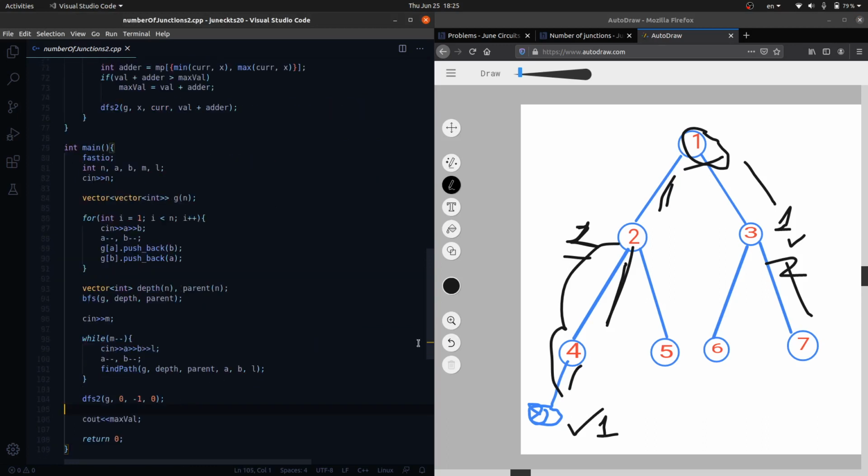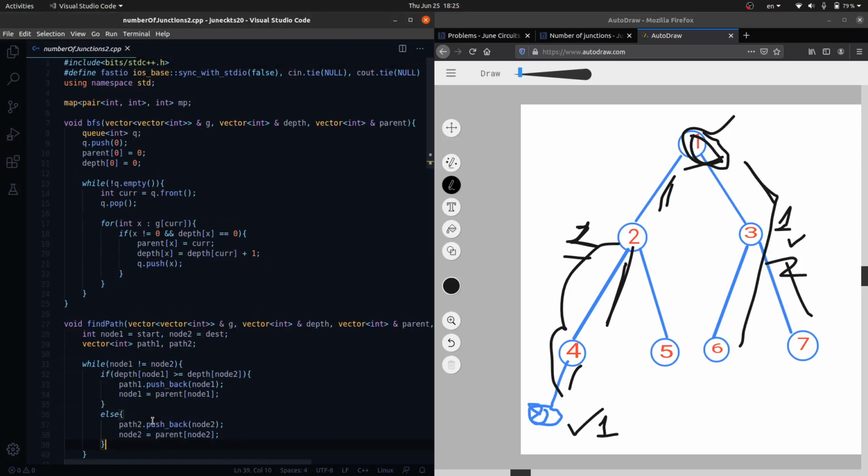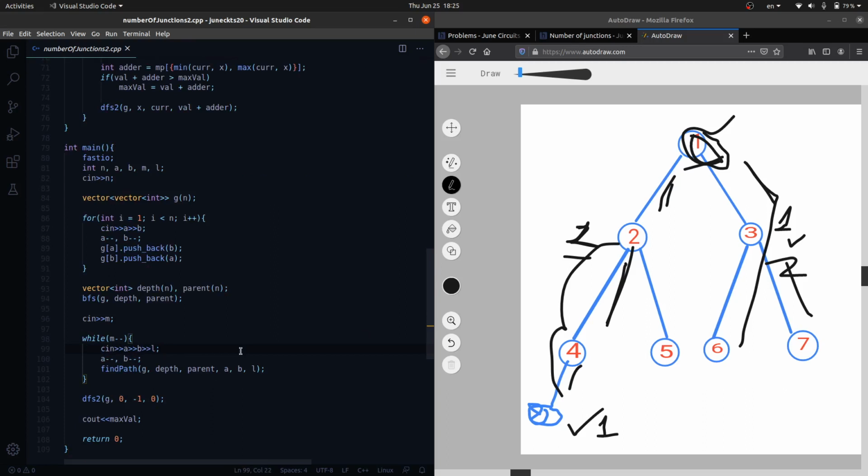After that, we will do a similar DFS from the root node that is numbered 1 to each and every node, and we will find a path that has maximum oil spilled, and this is stored in the max value, and that will be our answer. You will also get the link of this code in the description.